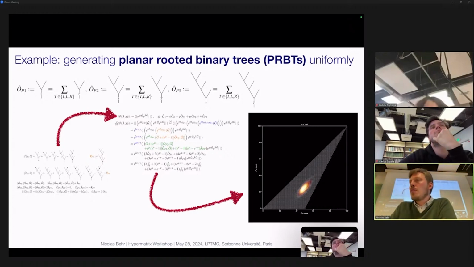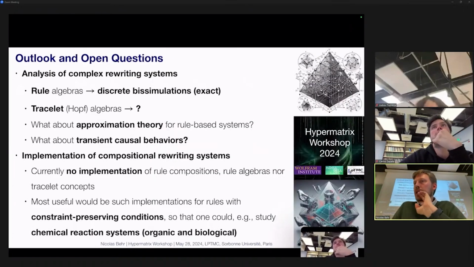That seems to be a powerful tool, and we, the people I work with, would be extremely interested to see if, for example, the analysis of networks by hypergraph properties, if they can be reduced to local patterns, might be an example of such an analysis. Just to conclude, I've shown you some interesting perspective. This was for the rule algebra part of things.